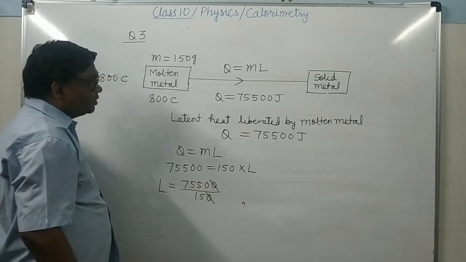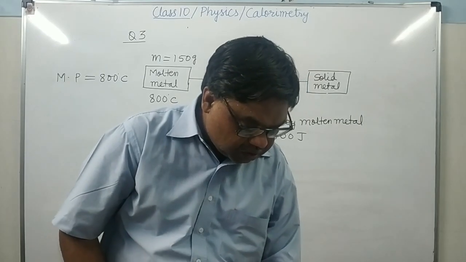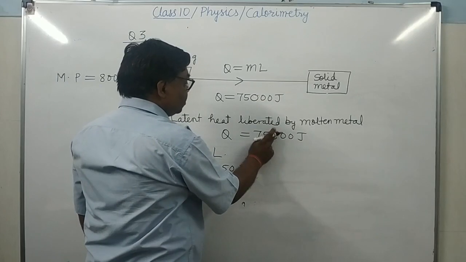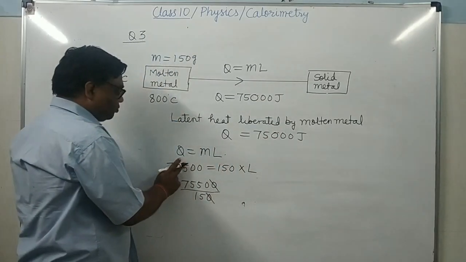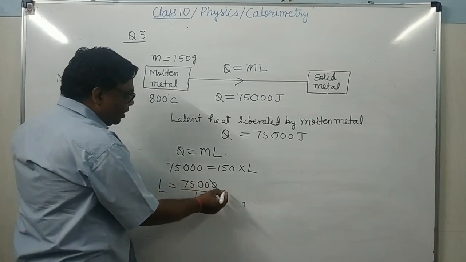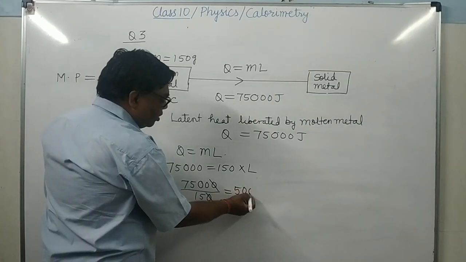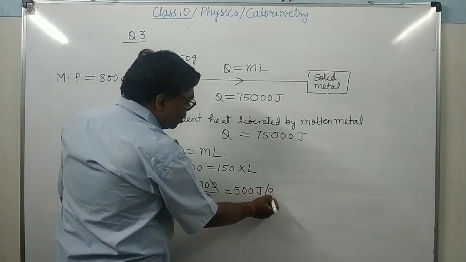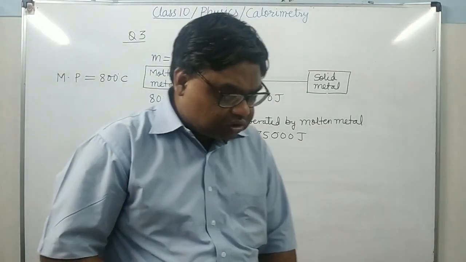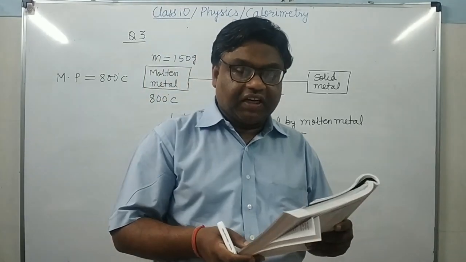When you simplify, it will be 500 joule per gram. So this is the SLH.